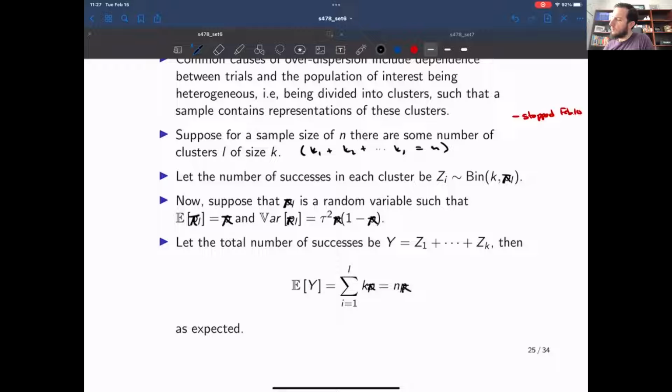Let the number of successes in each cluster, called Zi, be distributed binomial(k, pi l). Each cluster has its own probability of success and its own set of observations.